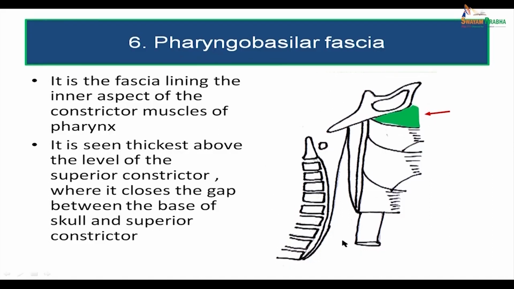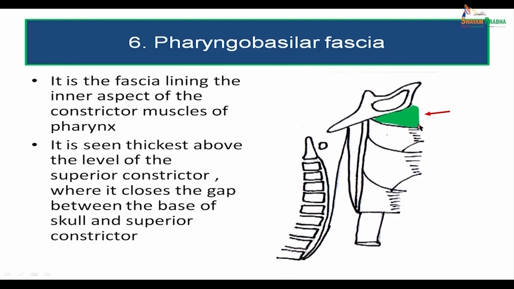Again, we orient ourselves to the same diagram: the sphenoid bone, the constrictors of the pharynx, the esophagus, the buccopharyngeal fascia, the prevertebral fascia, the anterior longitudinal ligament, the cervical vertebrae. This pharyngobasilar fascia lines the inner aspects of the constrictor muscles of the pharynx.